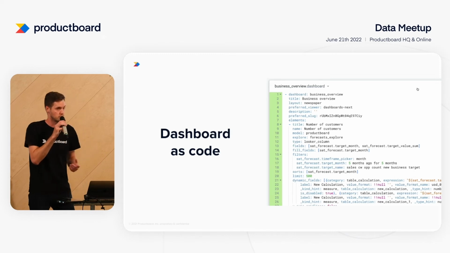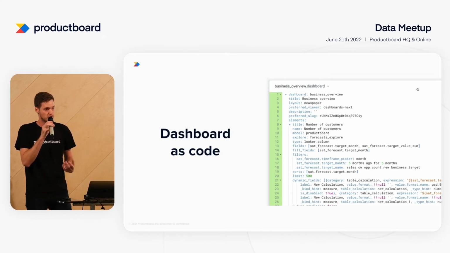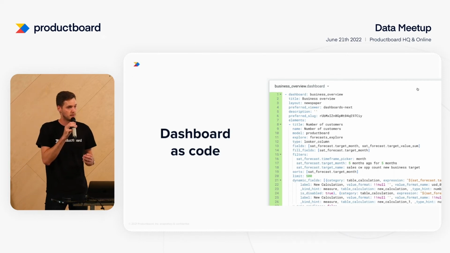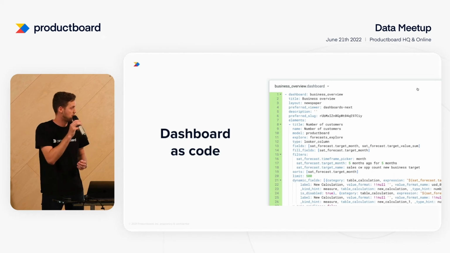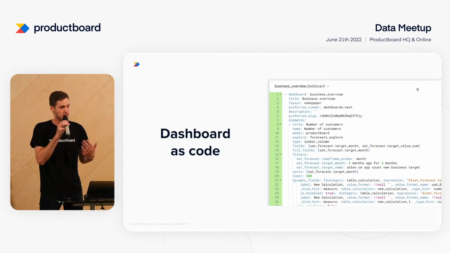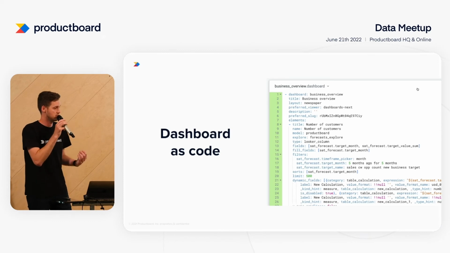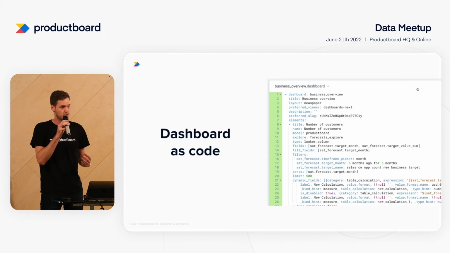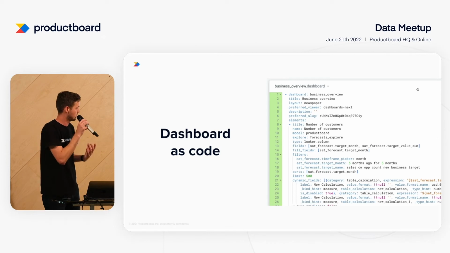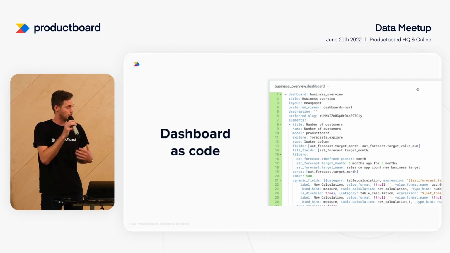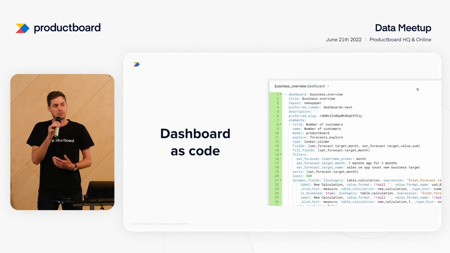I'm not saying that it's a good feature for all dashboards, but I think it's quite good to identify business critical dashboards and make sure that nobody can change them, because you are relying on them. This code representation of your dashboards makes sure that you cannot change your dashboard without PR review and without someone approving the change.